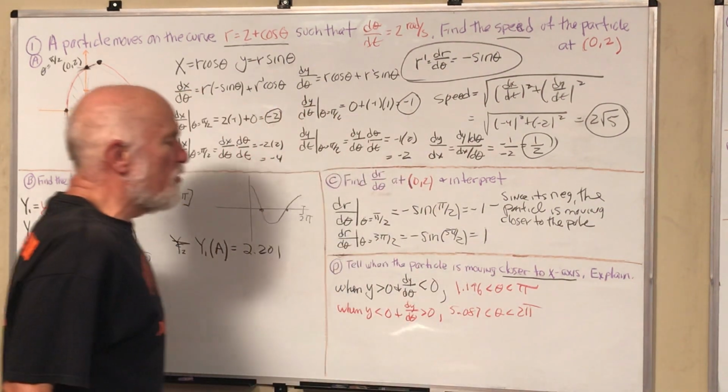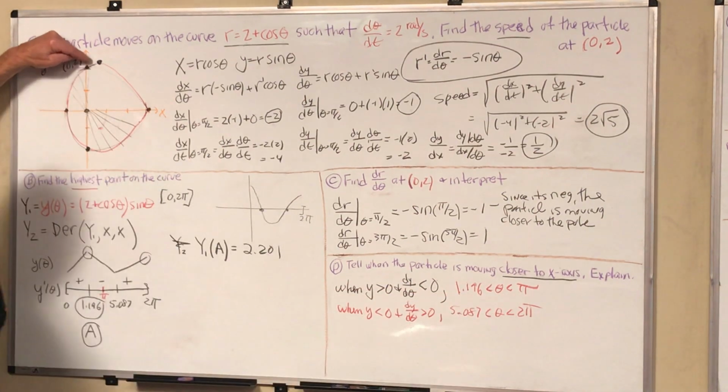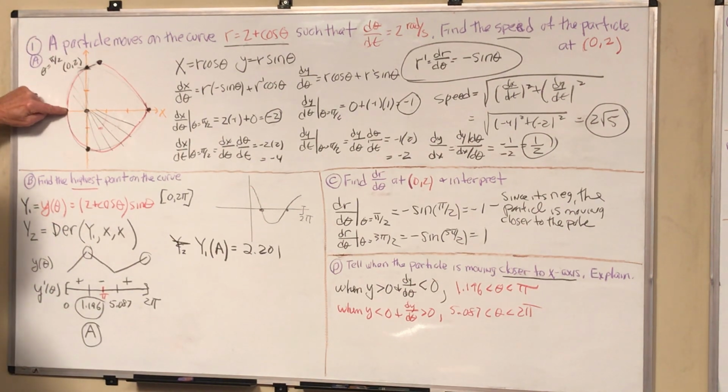Now, does that go along with what we're thinking? Where is this first interval? From right here to right here at pi. And during this time, is it getting closer to the x-axis? Yes. And when's the other time?